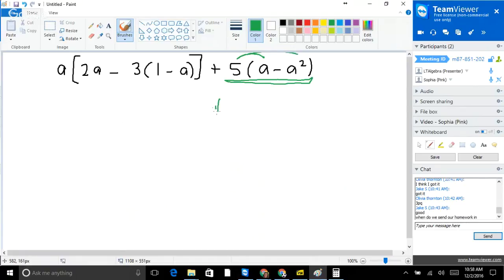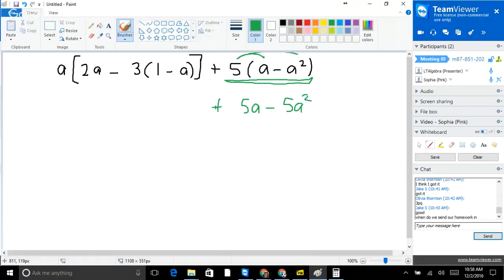Yep. So we are going to get 5 times a, which is 5a, minus, yep, you got it, 5a squared, right? Okay, so that one's easy. We got that taken care of.